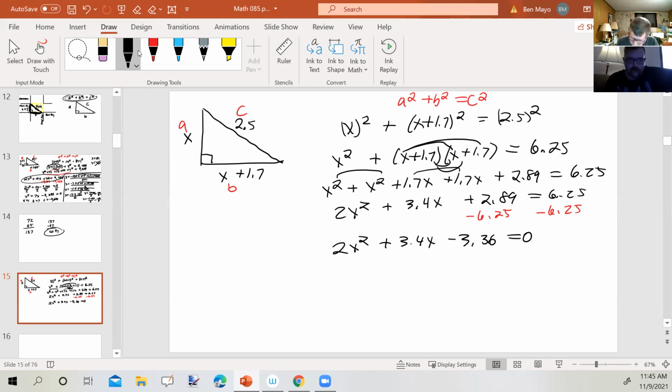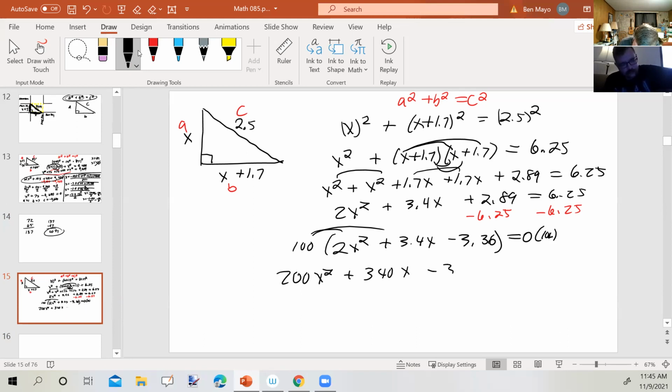Well, I don't want to have to deal with the decimals, so I'm going to multiply both sides by 100. So that gives me 200x squared plus, let's see here, 340x minus 336 equals 0.